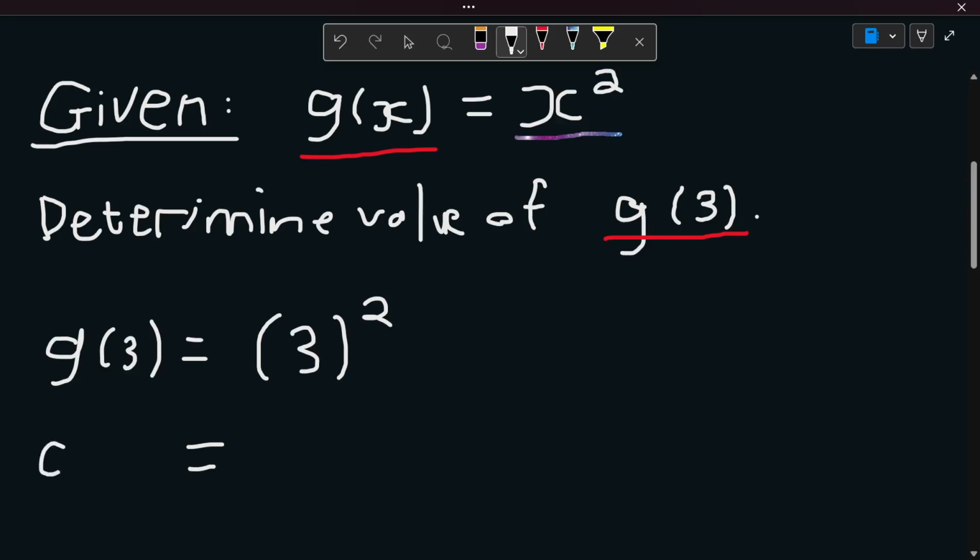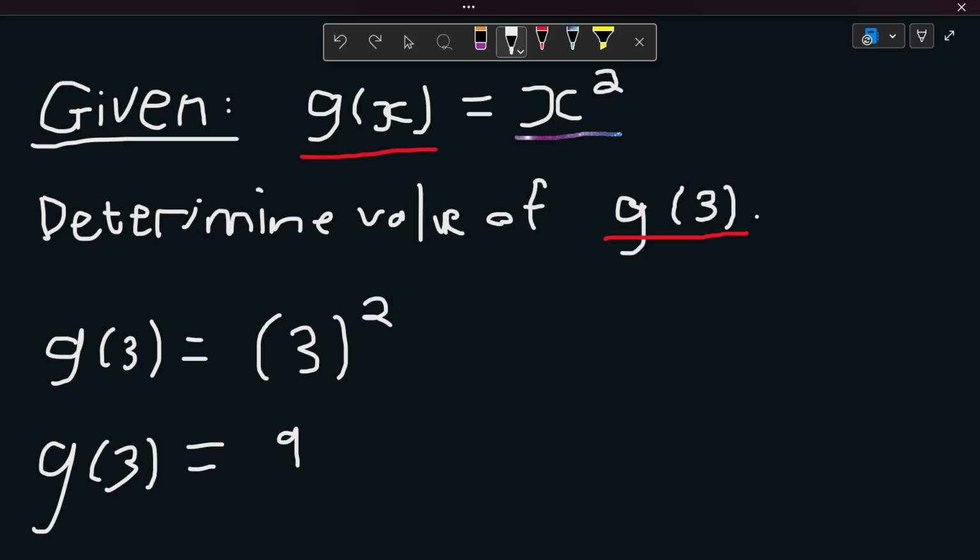With g of 3 will be equal to, what is 3 squared? 3 squared is just equal to 9. That's about it, that's the answer. We know now that g of 3 is equal to 9. And that is our value of g of 3.